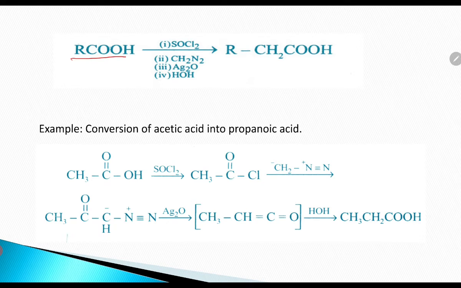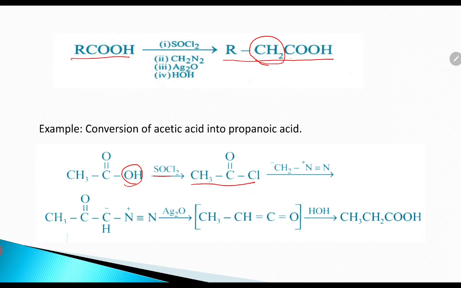See here, RCOOH is converted to RCH2COOH, means during the mechanism, CH2 group is introduced in between the R group and COOH group. Let us see what is happening. First, the acid is converted to acid chloride by reacting with thionyl chloride. So, this OH group is replaced by Cl group. We have also seen this reaction in our chemical properties under the heading preparation of acid halides.